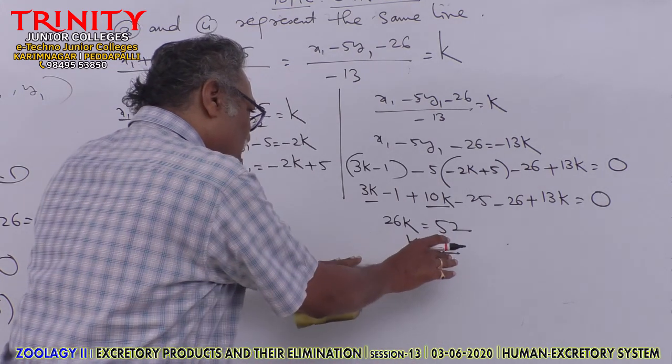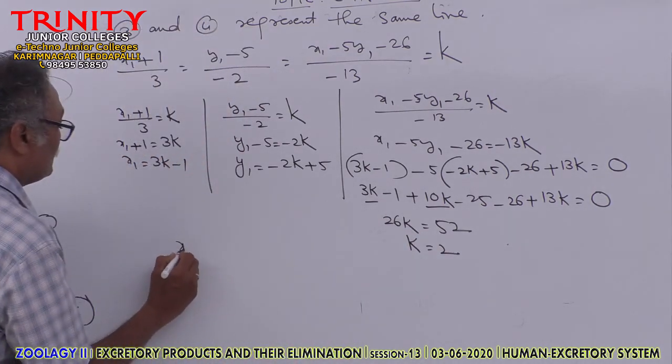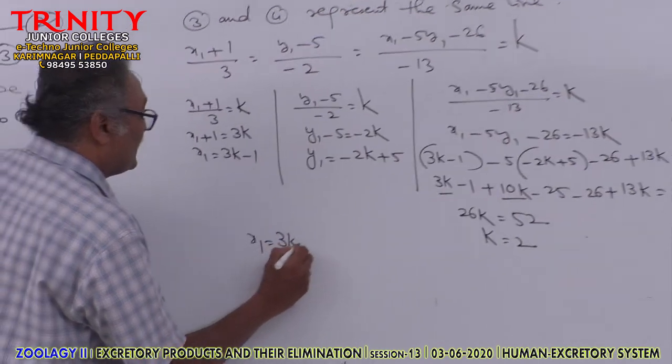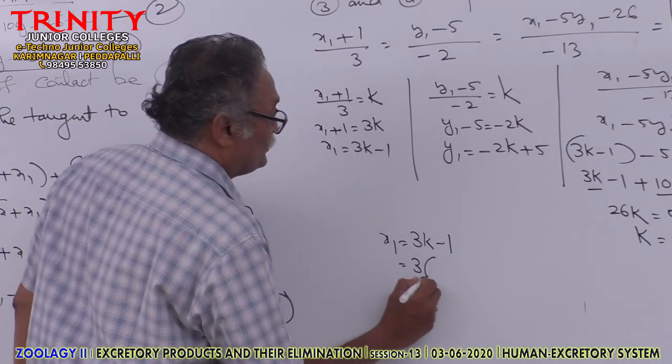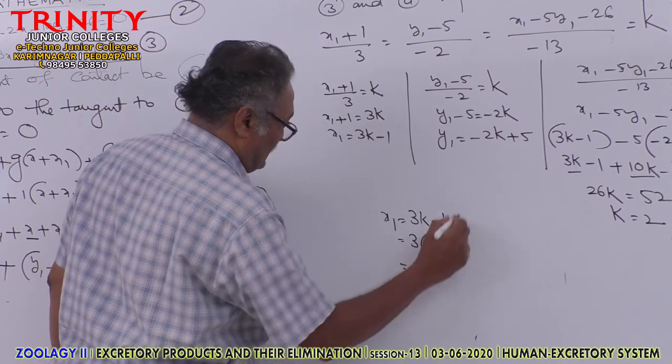Now substituting the value of k, x1 = 3k - 1 = 3 times 2 minus 1, which is 6 - 1 = 5.